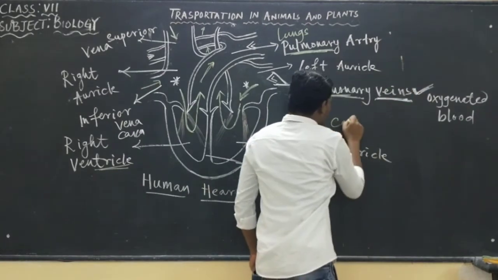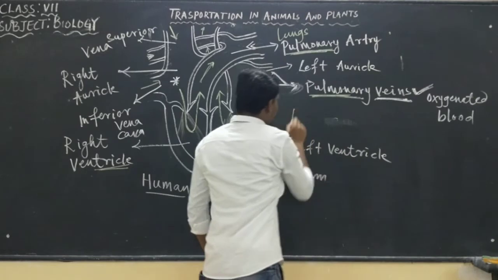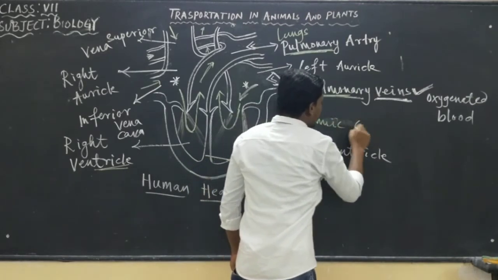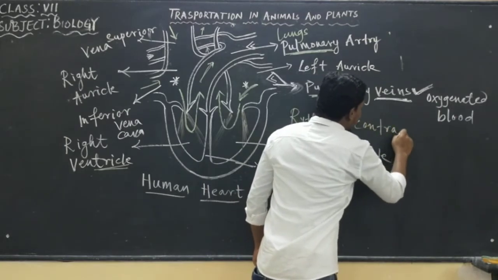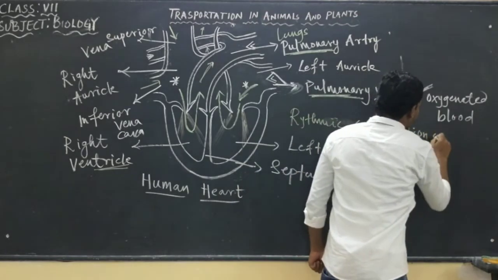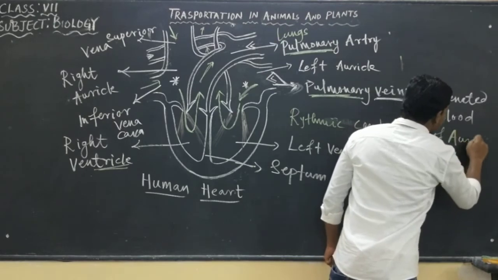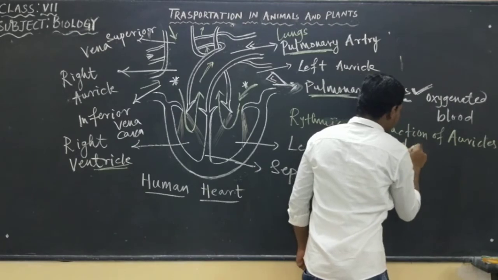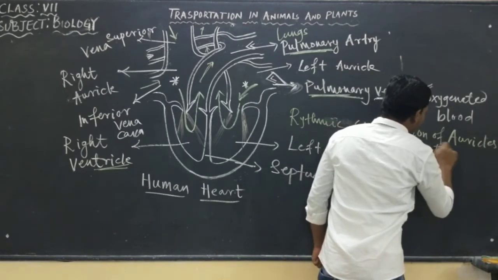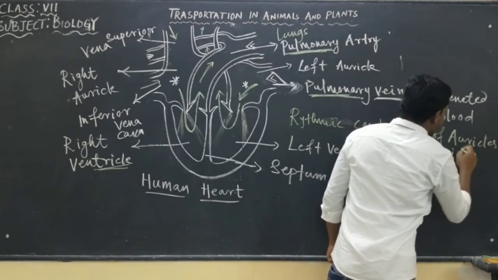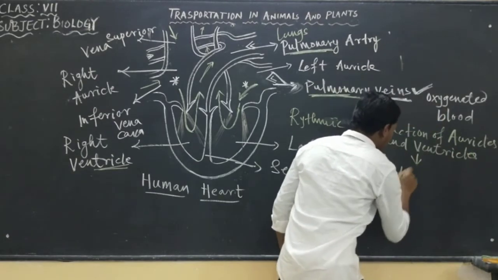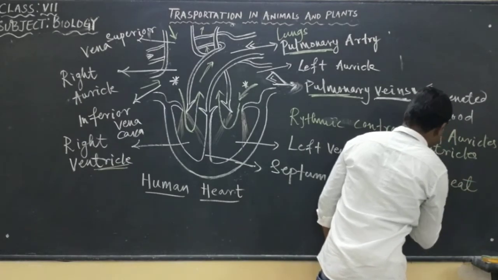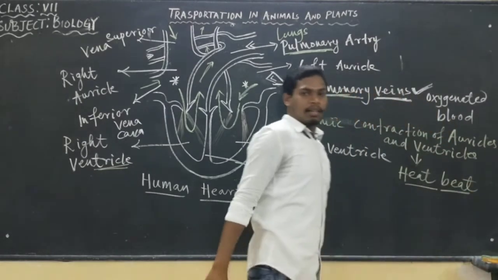So the rhythmic contraction of auricles and ventricles generates what? The heartbeat.